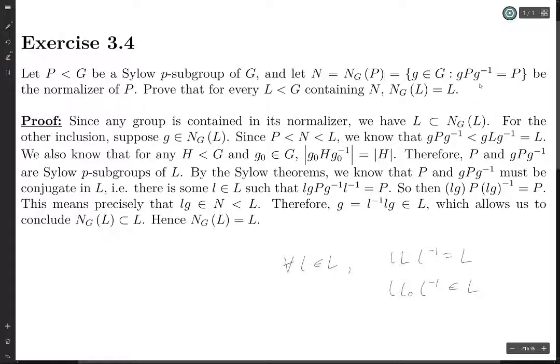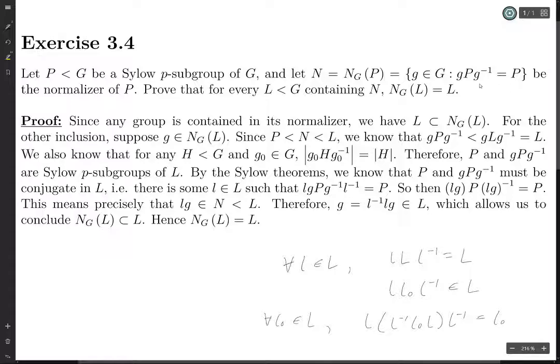And then if you take any l naught in L, you want to show that it's of the form l times something times l inverse. So for all l naught in capital L, we have, if you take l and then multiply by l inverse l naught l inverse, this is going to be l naught.